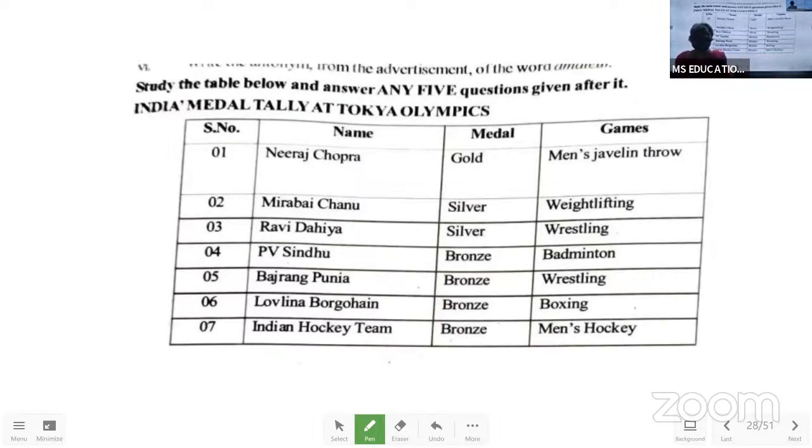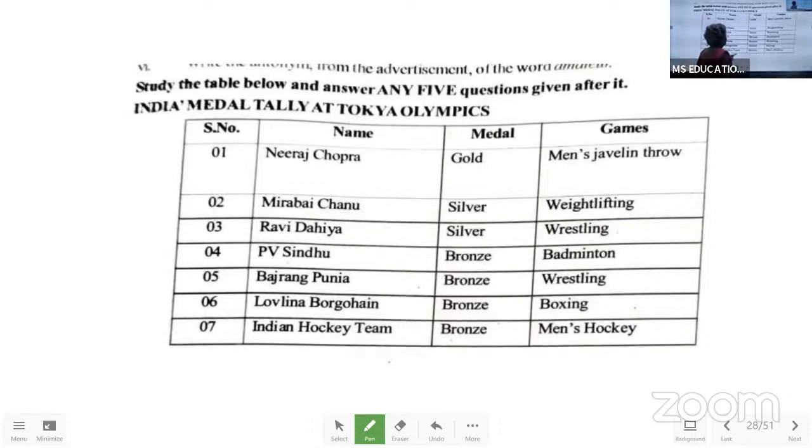Study the table below and answer any 5 questions given after it. India's medal tally at Tokyo Olympics. Neeraj Chopra, gold in men's javelin throw. Mirabai Chanu, silver weightlifting. Ravi Dahiya, silver wrestling. PV Sindhu, bronze badminton.